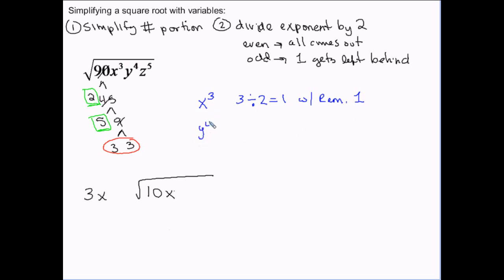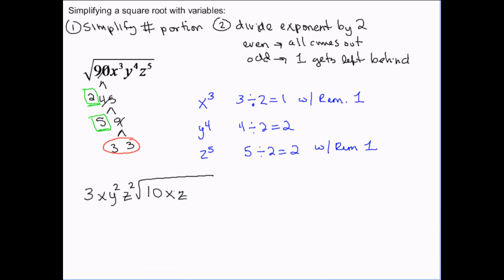Y to the fourth, 4 divided by 2 is 2. So they all come out, and my new exponent is 2. Z to the fifth, 5 divided by 2 is 2, with a remainder of 1. So 2 come out, and 1 gets left behind.